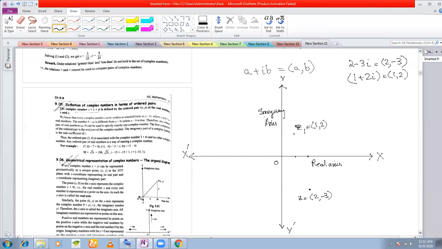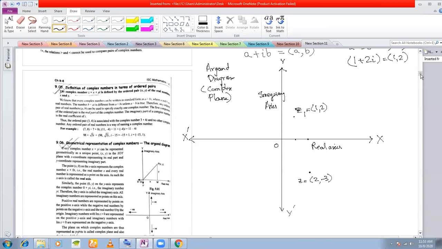This is called an Argand diagram. This xy plane is also called the complex plane. If you are representing complex numbers or locus of complex numbers, then this is called a complex plane. So that is how we represent complex numbers geometrically.